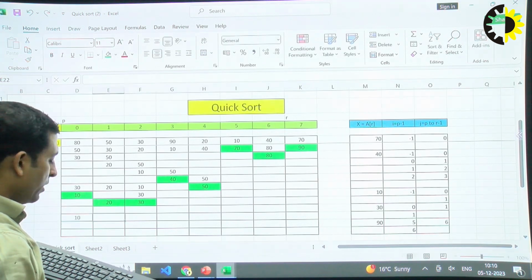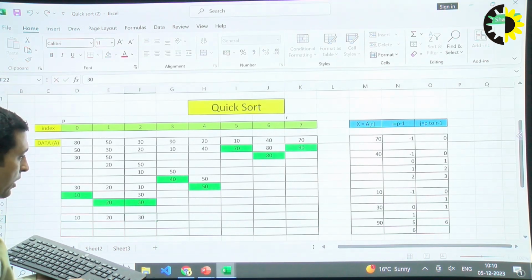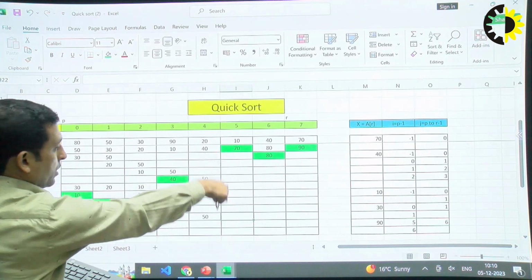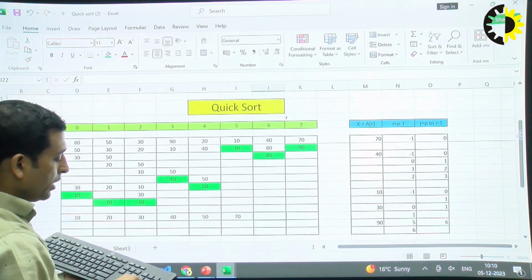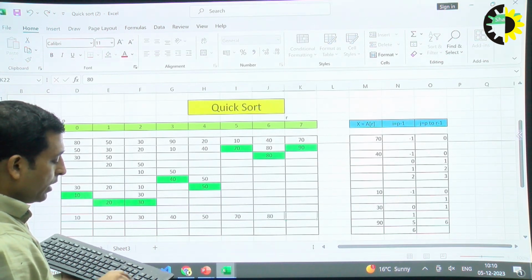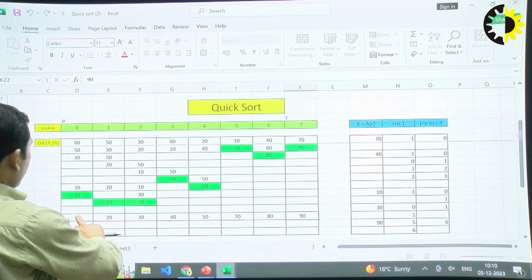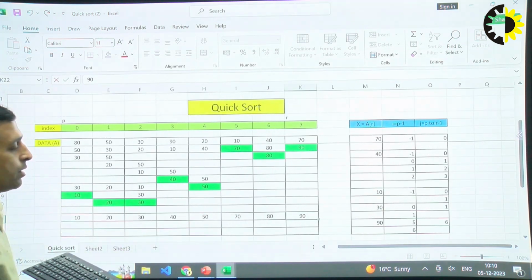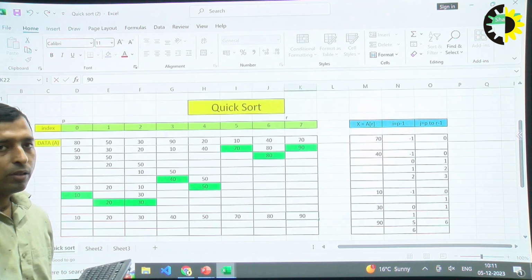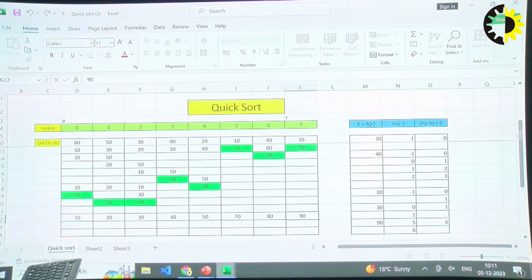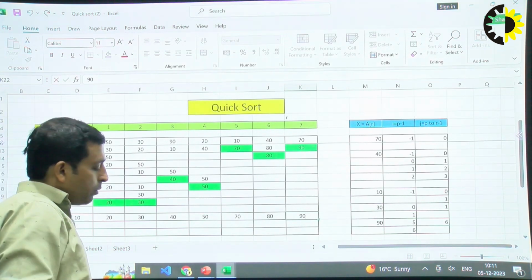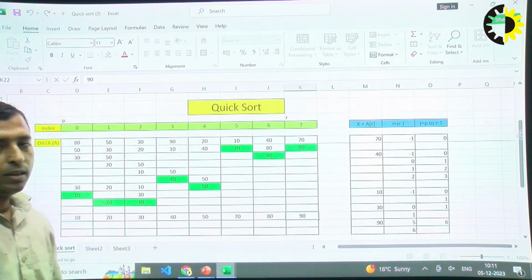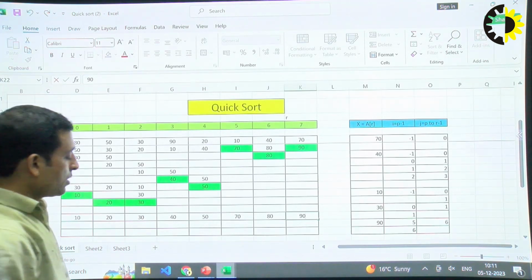The array is 10, 20, 30, 40, 50, 60, 70, 80 and 90 in sorted manner by using quicksort, taking the last element as the pivot element. So this is the process.